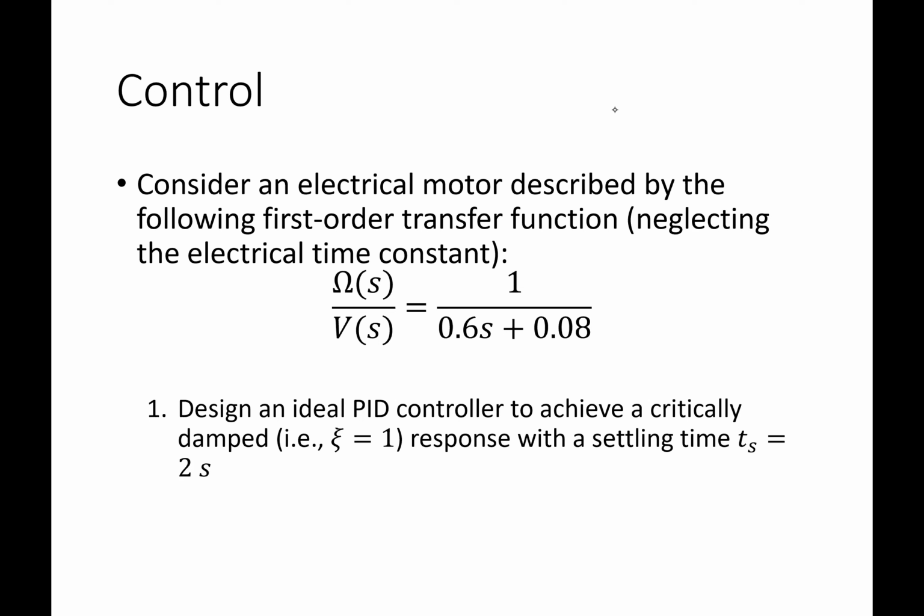The question is, design an ideal PID controller to achieve a critically damped response with a settling time of 2 seconds. It is important to keep in mind the different values of the damping coefficient that the types of responses need: critically damped, over damped, etc.